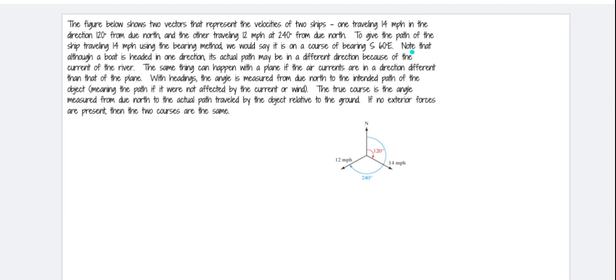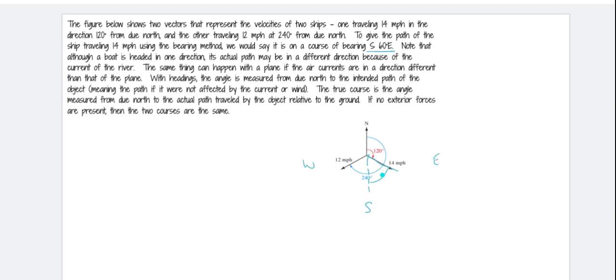To give the path of the ship traveling 14 miles per hour using the bearing method, we would say it's on a course of bearing. Remember how bearings go. I read that as 60 degrees east of south. Where do they get that? Well, we're looking at the path of the ship right here. Here's south, this is east, and this is west.